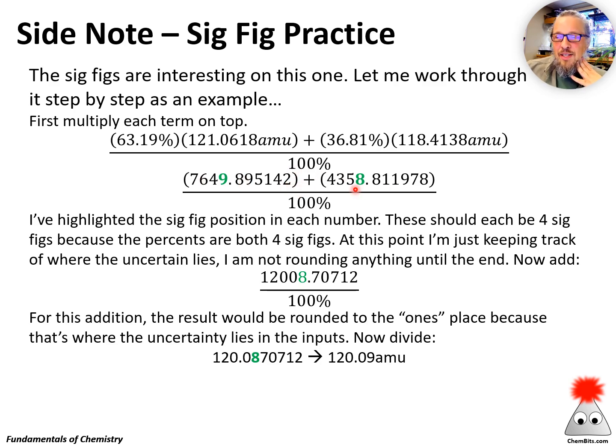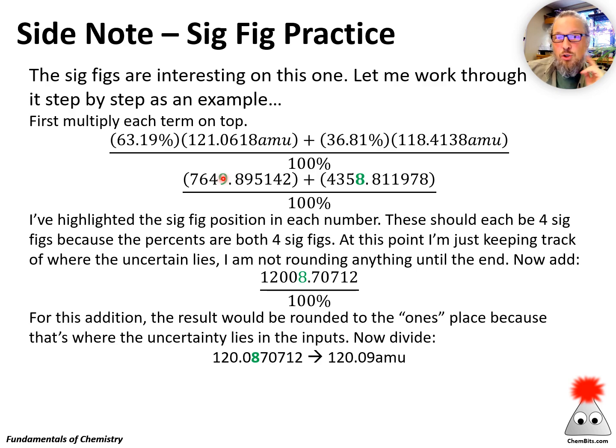Now let's add these together. If I add these two terms together, I get 12,008.70712 as a result. And again, I've kept track of my sig fig. Now that I'm adding, I'm going to round to the same digit as my least precise number.